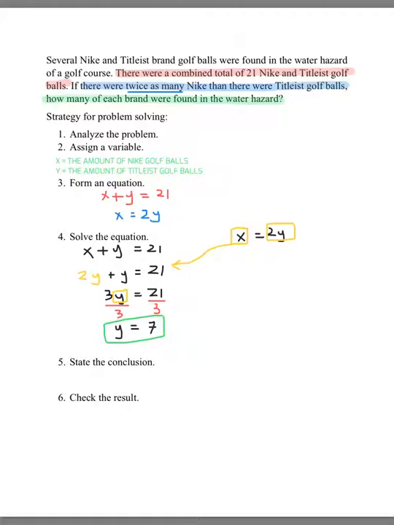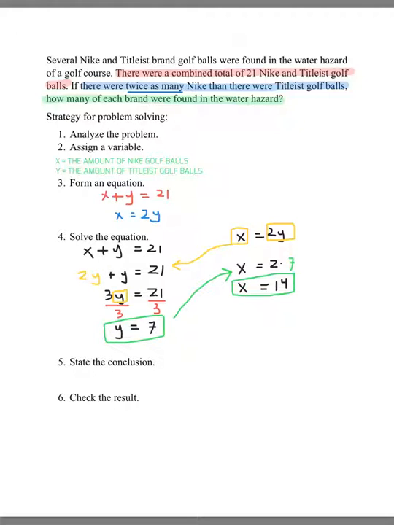So what we're going to do with that, we're going to plug that into the second equation. So we're going to have X is equal to 2 times Y, which is 7. And we end up with X is equal to 2 times 7, which is 14. So there we go. We have both of our variables solved for. So now let us go ahead and see the conclusion clearly.